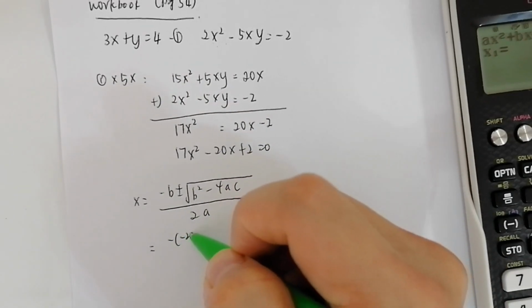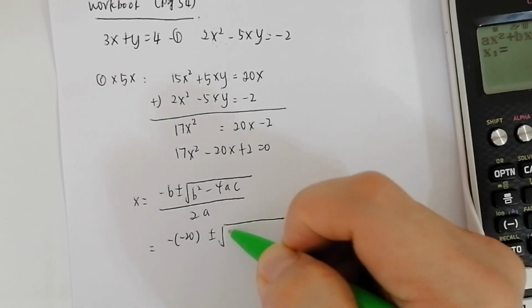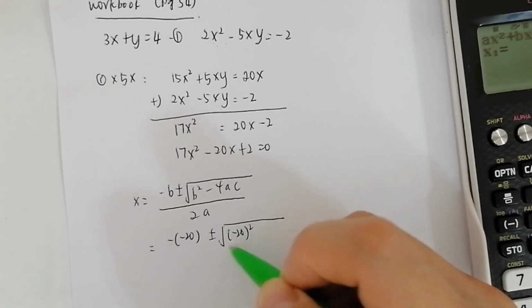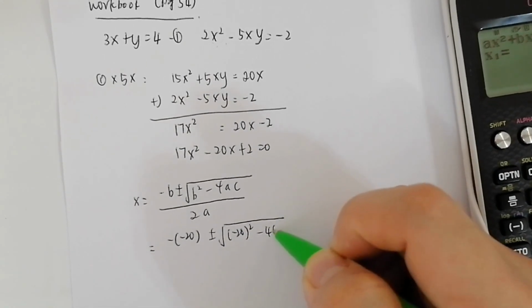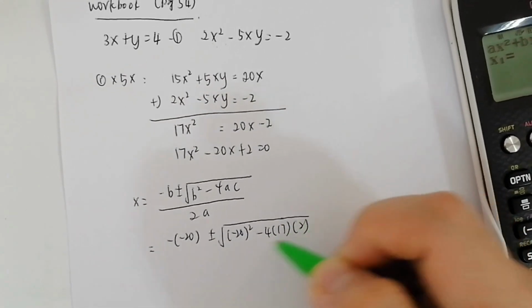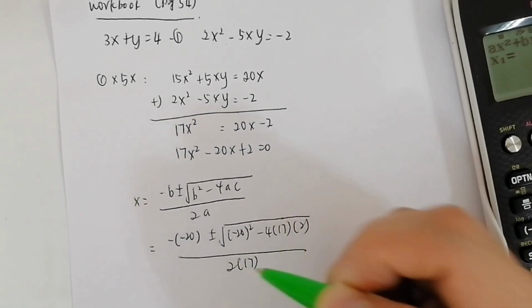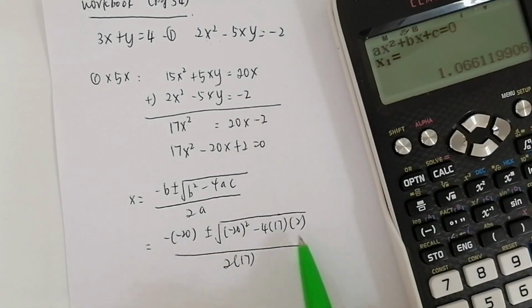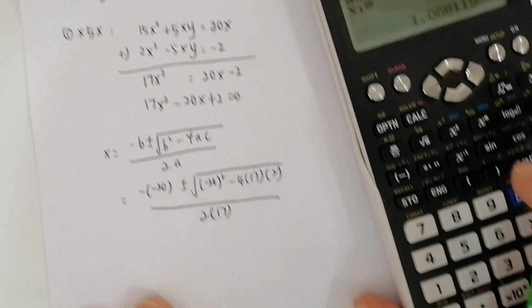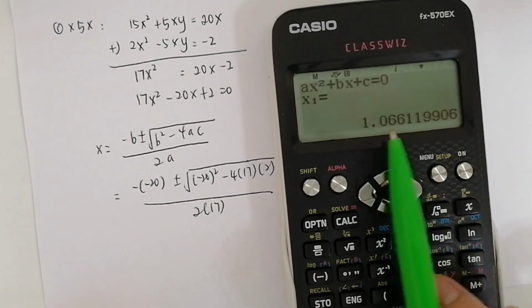Means negative 20 plus minus negative 20. Remember to have the bracket, minus 4ac divided by 2a. Alright, so this working is necessary, while your answer actually comes from your calculator here.